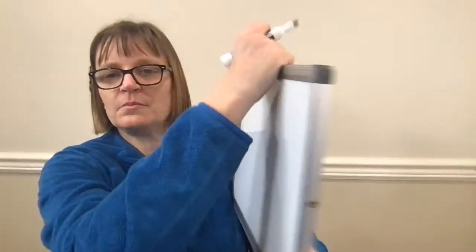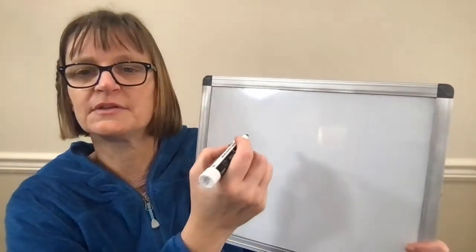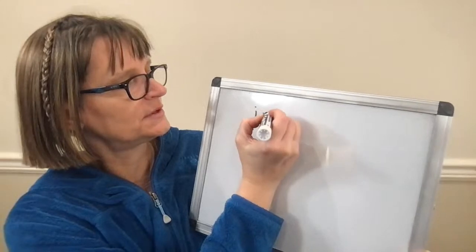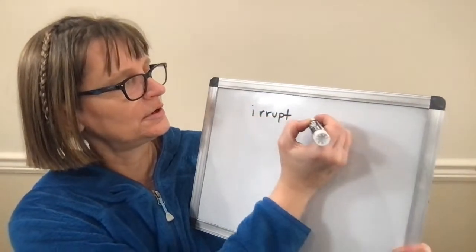Thank you. I'm learning a lot, some new words, some new pronunciations today. Great. Okay. We have a question about erupt, interrupt, disrupt, and irrupt. I'm not sure if that's an actual word.